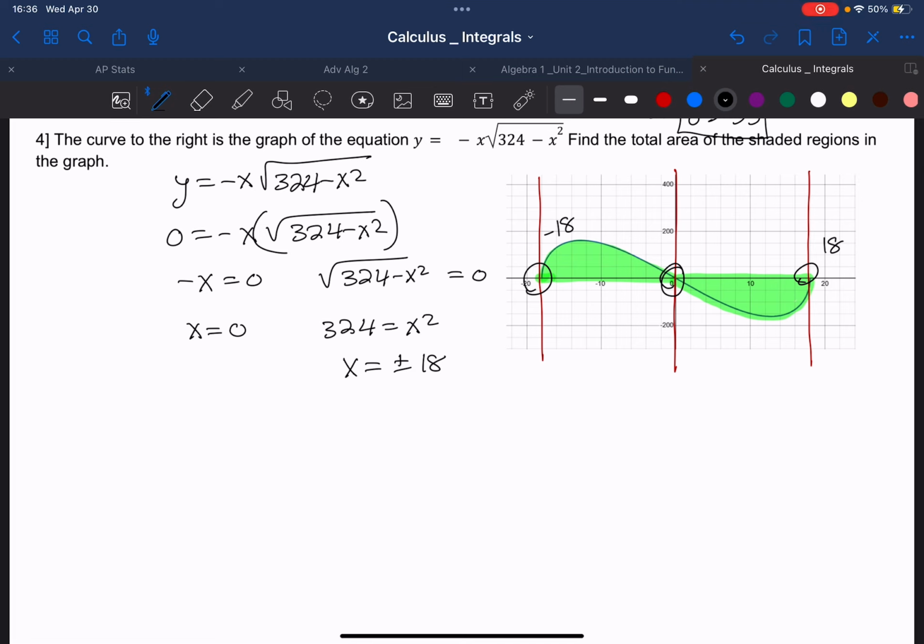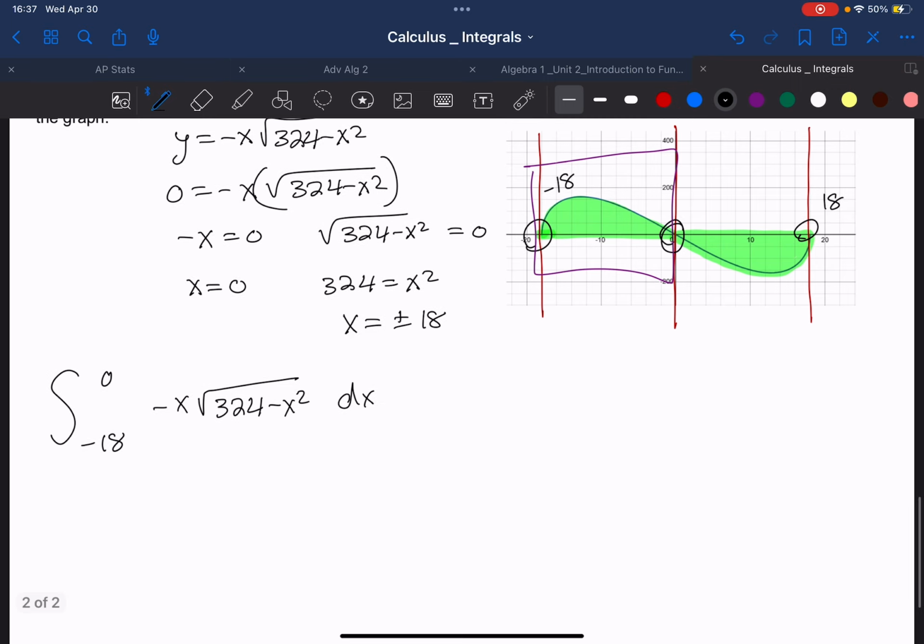So I'm first going to find just the area from -18 to 0. So I'm just finding this part right here. And I'm going to take the equation, so -x times the square root of 324 minus x squared dx. And then remember, I know that since I have that square root there, I'm going to have to use u substitution.